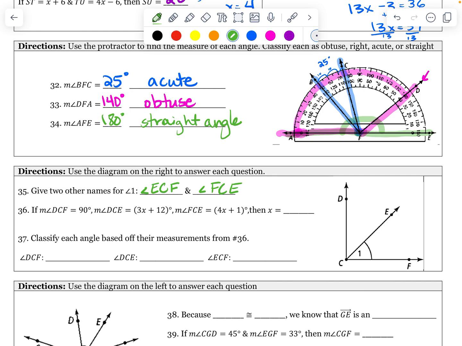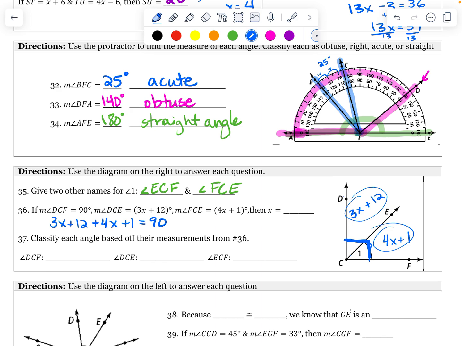If DCF, so this whole thing is 90, and DCE is 3x plus 12, FCE is 4x plus 1, find x. So that means I can do angle plus angle equals my total, which is 90. 3x plus 12 plus 4x plus 1 equals 90.